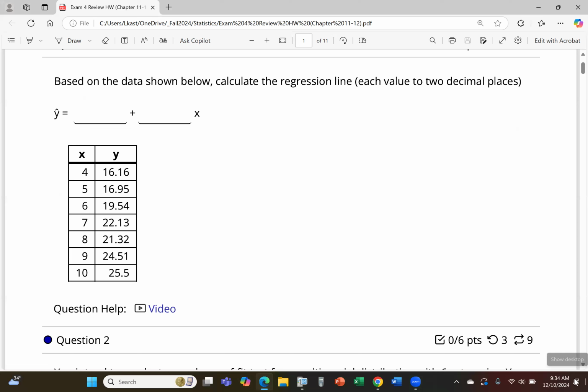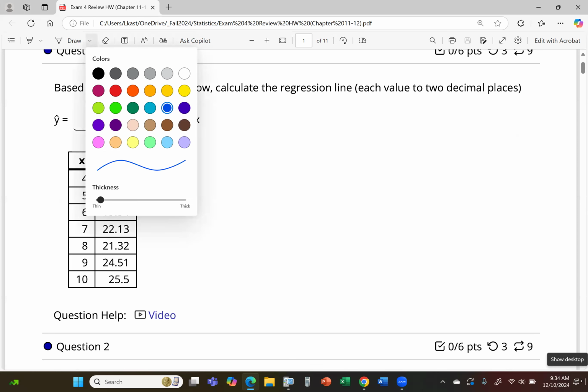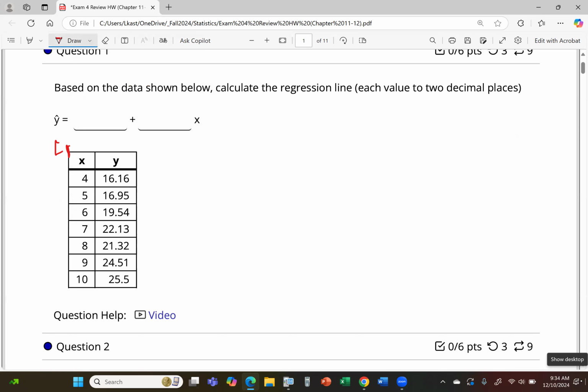Well, we're going to put our X's in a list, and I'm going to put it in L1. There we go. And I'm going to put the Y's in L2.